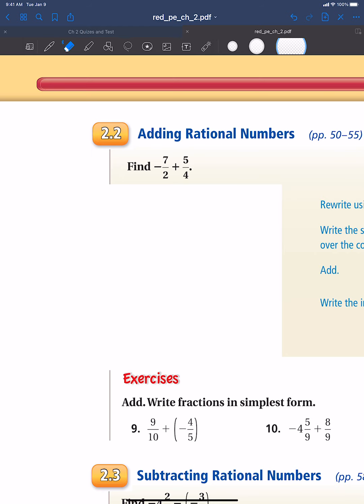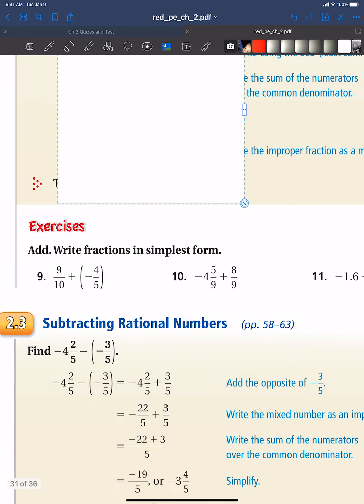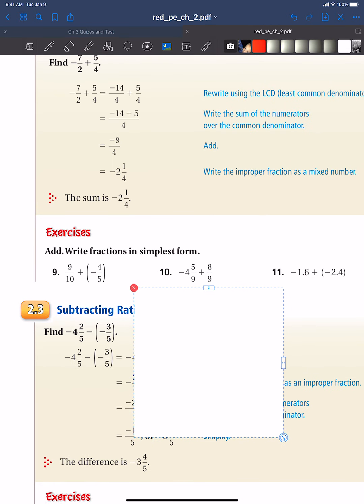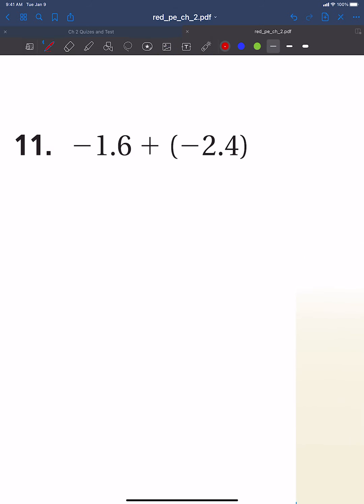Okay, let's go see what else we can find. Let me move my little sheet down here. Looks like that's pretty much all we did. What happens when you have decimals? Let's go do that. We're adding. Signs are the same, so we just add. Now, what do we need to remember when adding and subtracting decimals?